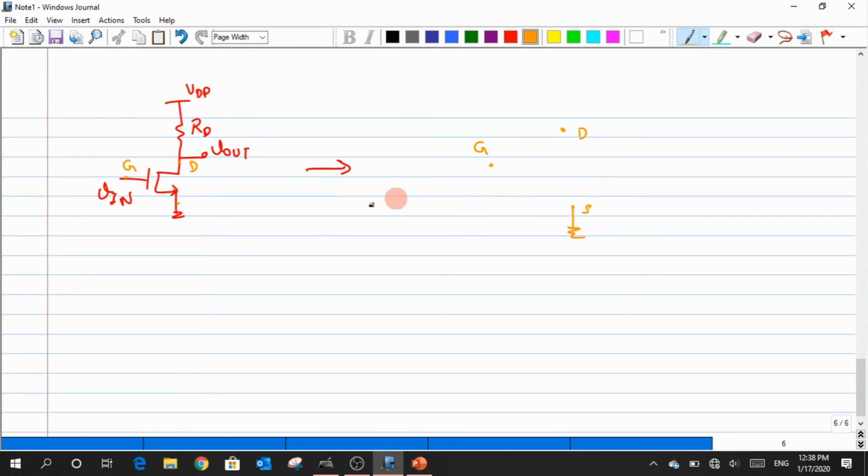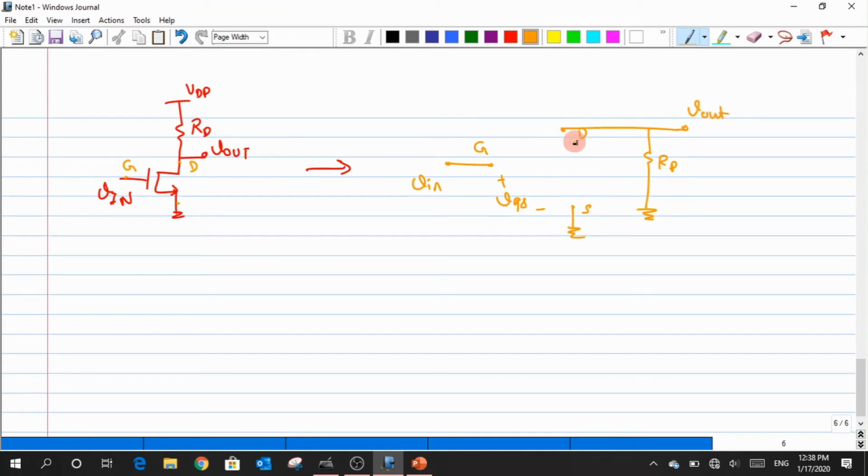Now I have some sort of VGS with plus and minus, where the gate VG is connected to my Vin, which is small signal. Obviously the drain is connected to some sort of load, which is the resistance RD, and the other end of the resistance is an AC ground, and this is my Vout.